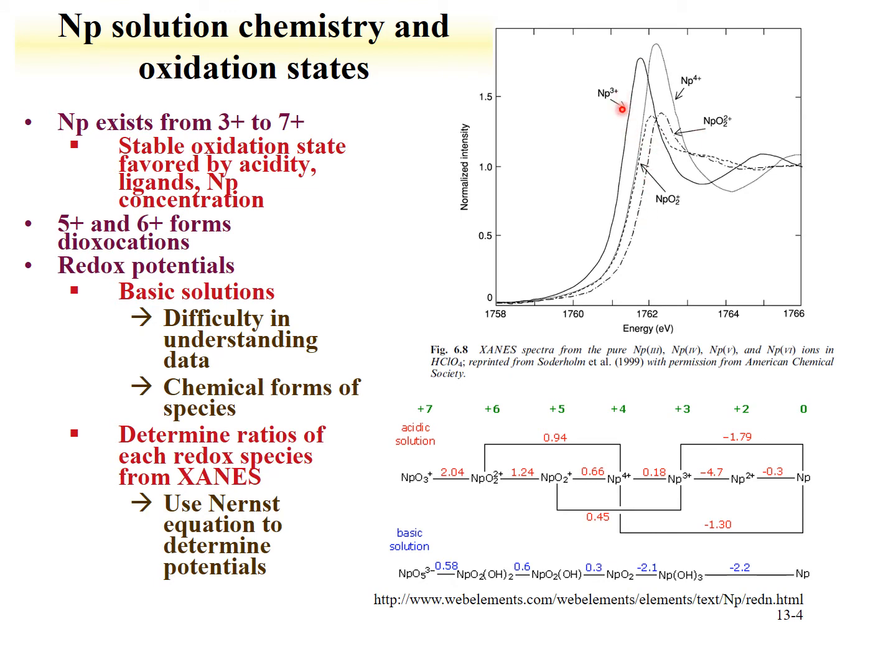And we see the Neptunium-3 absorbs early, the 4 here, the 5 and the 6 have a behavior that's indicative of this yl oxygen. And this information can be used to determine the ratio of different oxidation states in the solutions examined, and by using the Nernst equation, the redox potentials can be determined.